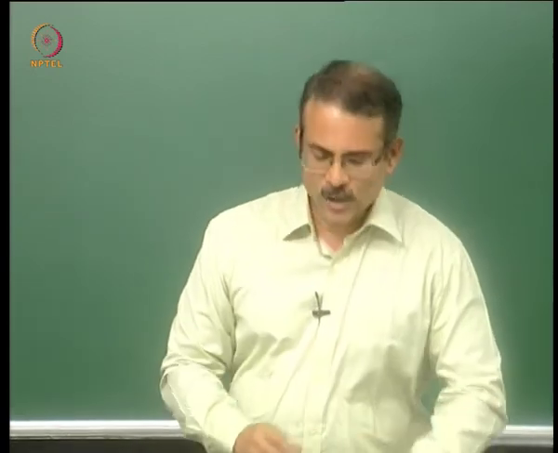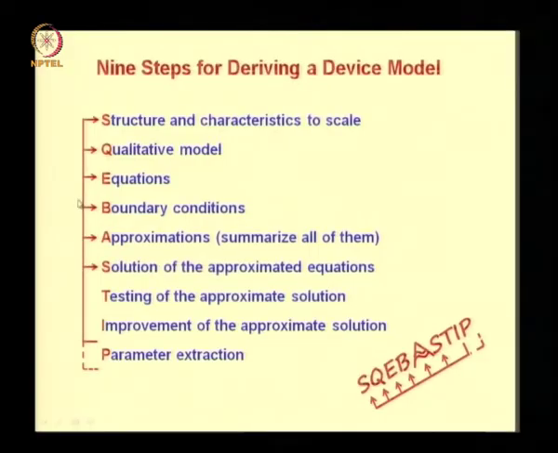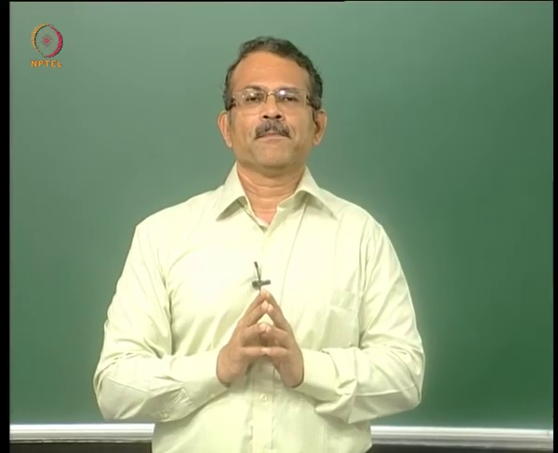In that case, you may have to go back to the previous steps and start all over again. So you may go back to the solution step, or you may go back to the approximation step to check whether your approximations are right. You may go back to boundary conditions and equations to see whether you have used the right equations and boundary conditions. In fact, you may go back right up to the structure and characteristics to see whether your assumption of the device structure has been correct.